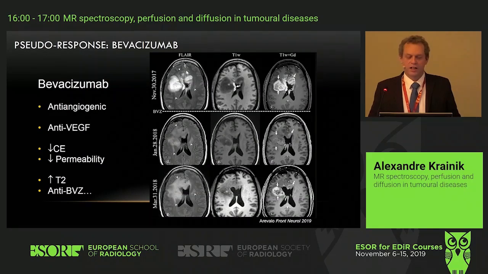You see the first examination, you have a tumor with abnormal enhancement all over, and less than a month after, you see that this enhancement has almost disappeared. Then you wait 2 more months, you see that it reappears. Then actually it was only similar to a good response, but the tumor was still there, and at the same time you see the infiltration in hyperintensity on T2 was still increasing.